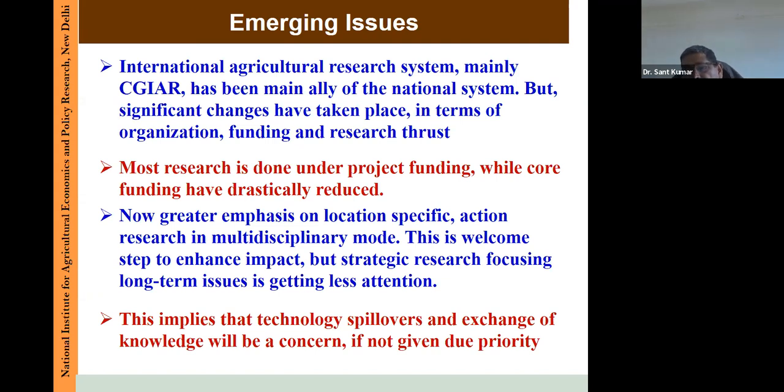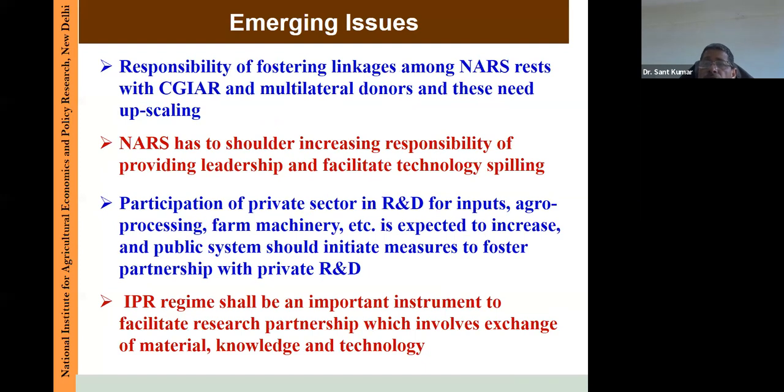So this implies that the technology spillover and the exchange of knowledge will be a concern if not given due priority. So the responsibility of fostering linkage with the national agriculture research system, with the CGIAR and multilateral donors, and their upscaling, the NARS has to shoulder, increasing responsibility, providing the leadership and facilitating the technology spillover.